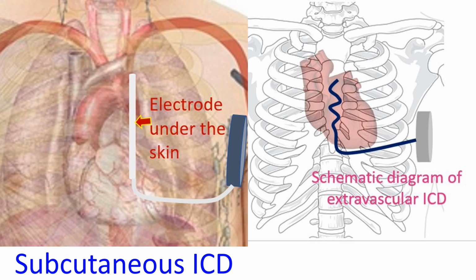A purely subcutaneous ICD with lead implanted subcutaneously in the left parasternal region is also available. Recently, an extravascular ICD has been tested with the lead in the retrosternal space, with performance better than purely subcutaneous ICD and almost nearing the transvenous ICD.